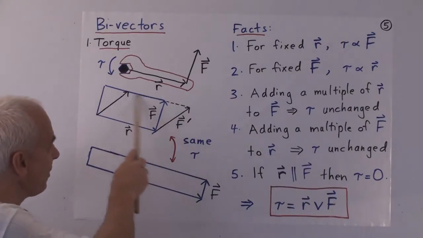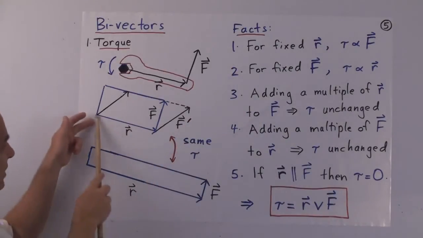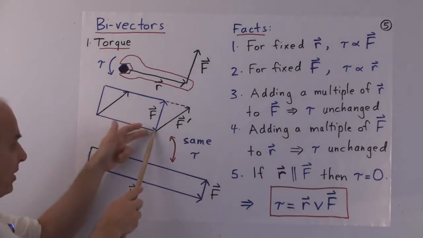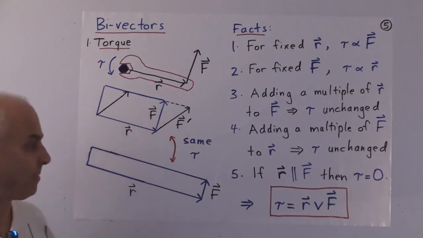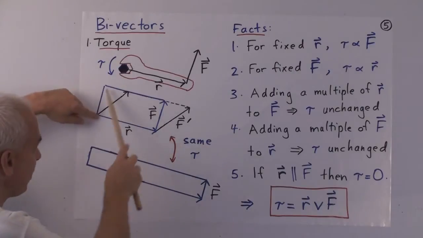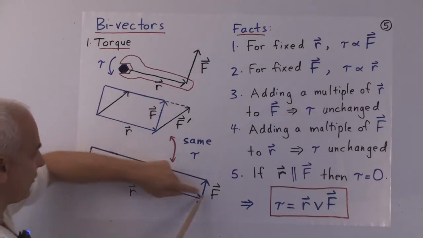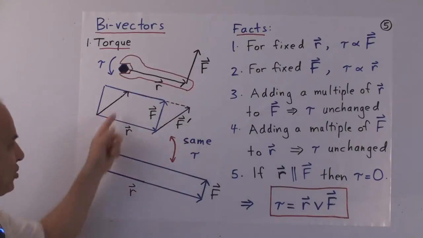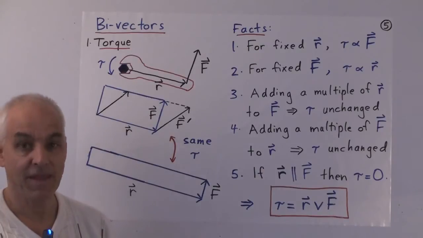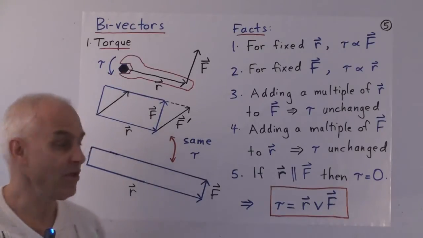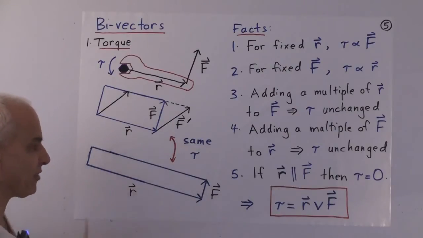In terms of this area, these two principles here suggest that if we double the radius and we halve the force, then the amount of torque will be the same. So that this picture here and this picture here, assuming this R is twice that and this F is half of that, these two pictures represent the same amount of torque or twisting power. In terms of Grassmann's bivectors, we say that this bivector is the same as this bivector.